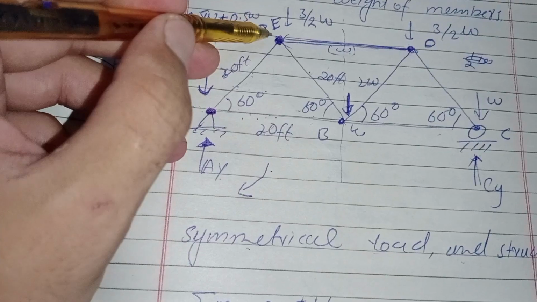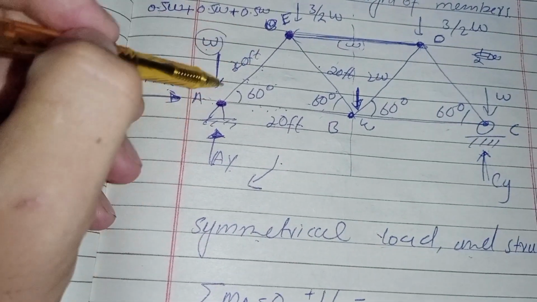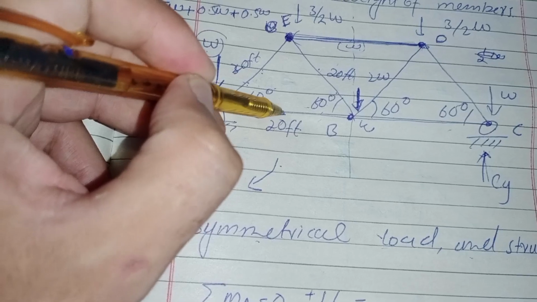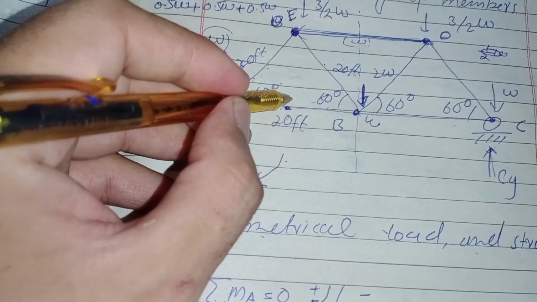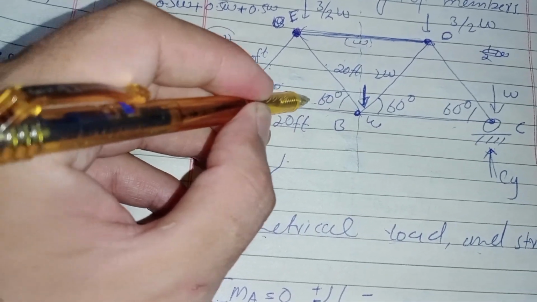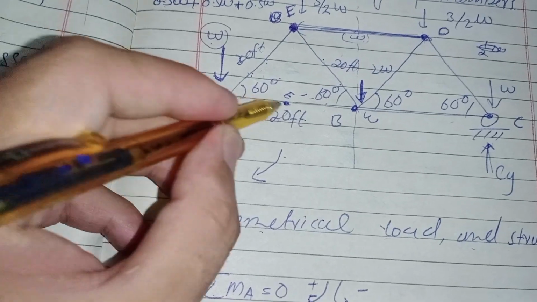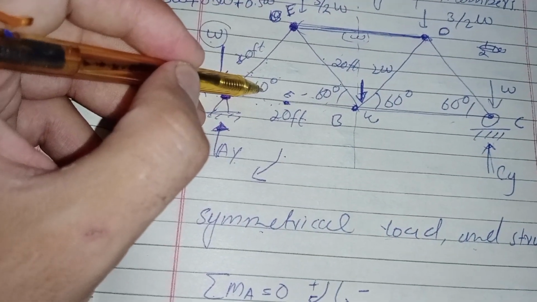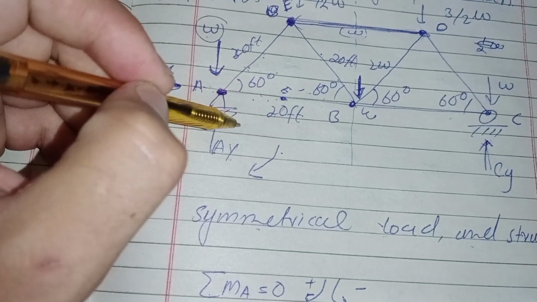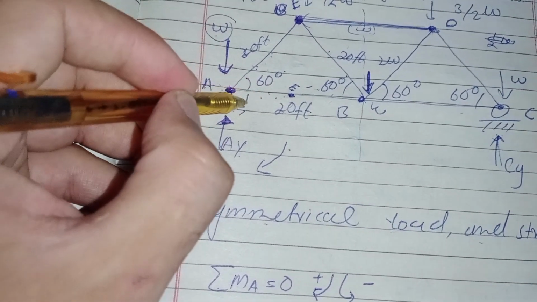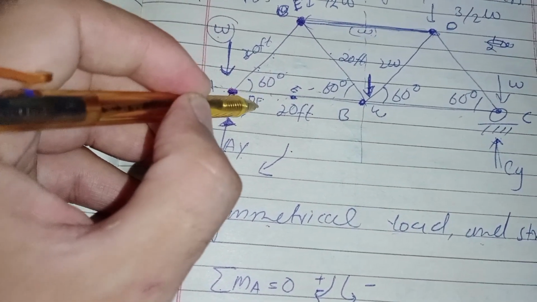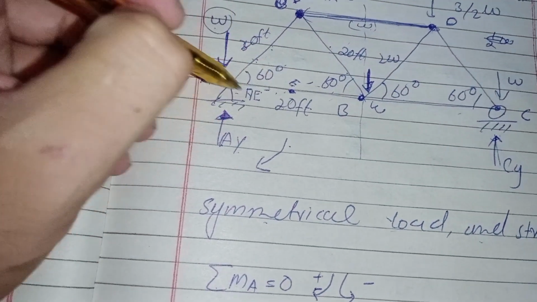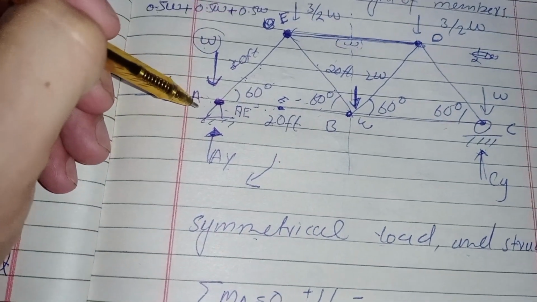So the horizontal length of AE will be here; I call this, for example, E dash. This length will equal AE cos 60 degrees. So AE dash equals AE cos 60 degrees.